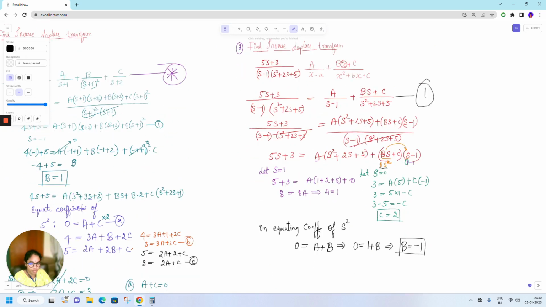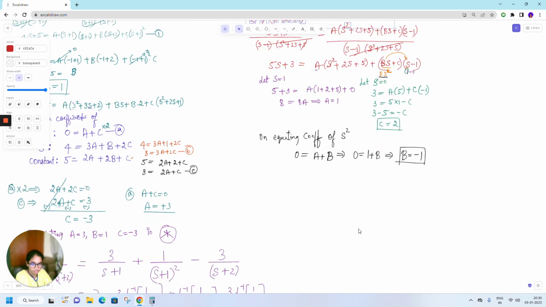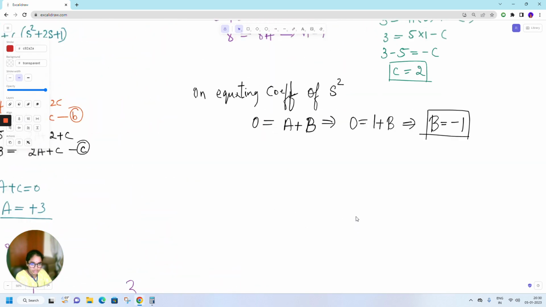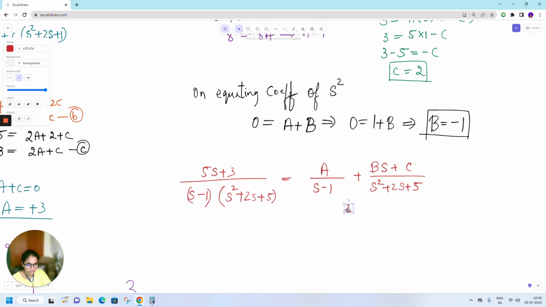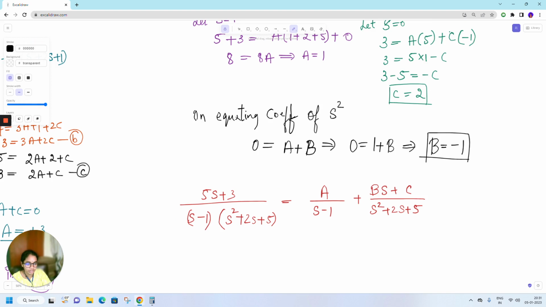Okay, let me do that. What would I get? 5s plus 3 divided by, let me just copy this to make it easier for me to solve. So this was our equation, say equation 1. In place of A, I'll substitute 1.